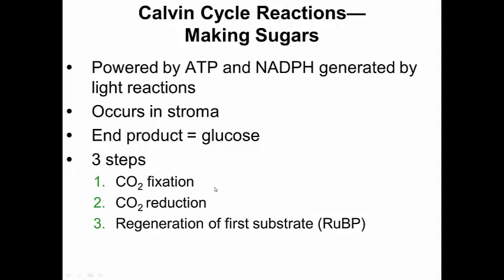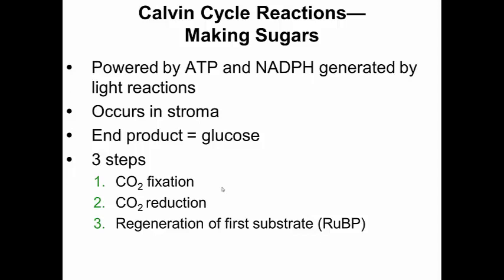Now, we need to understand what this word means: fixation. In biology, this means you take something in a gaseous form and you turn it into a usable form. In the case of CO2, we're taking carbon dioxide from the atmosphere and turning it into a sugar. You, for instance, can eat a sugar and it becomes part of your body and you use that for energy. You cannot consume CO2. You inhale it and exhale it, but it does not interact with your body.